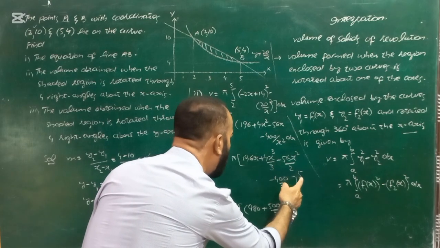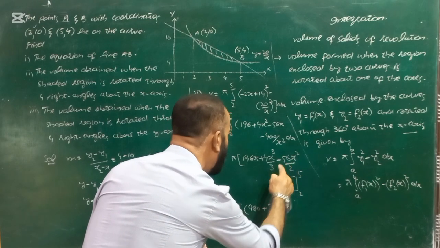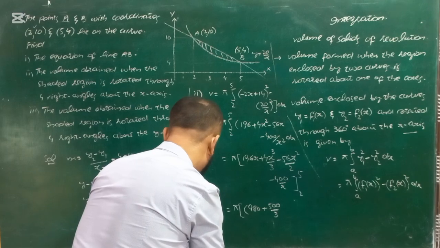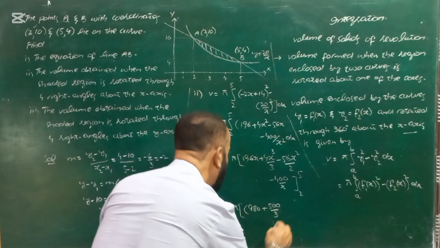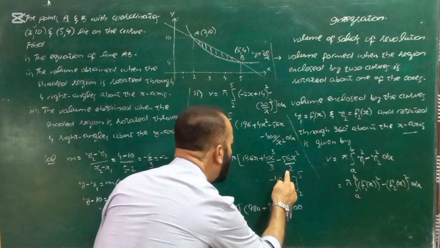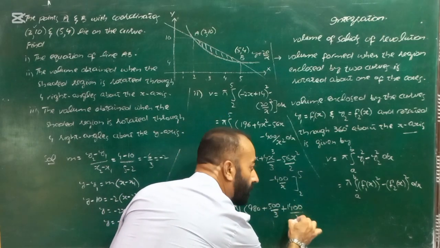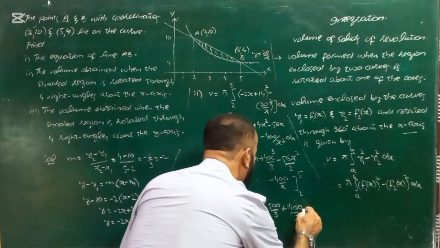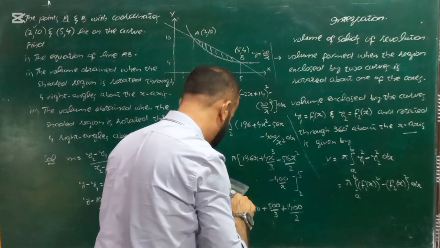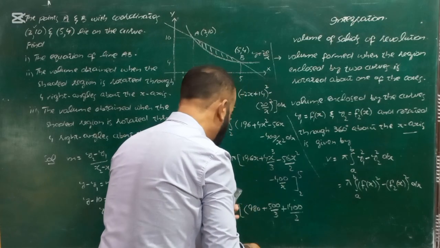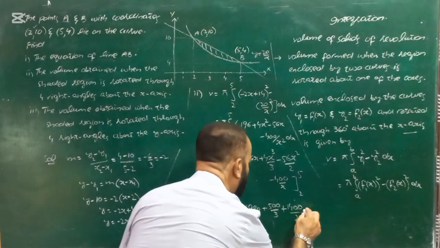Now here 5 fives are 25, 25 into 56, that is 1400, 1400 over 2. Now 5 will be applied here, minus 400 over 5, 80.